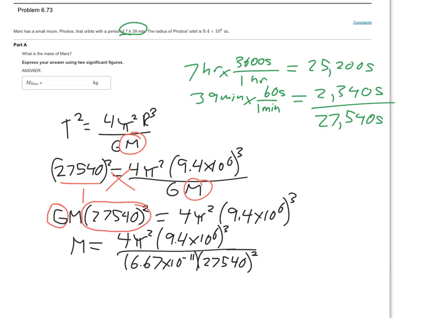So I go ahead and work this out, being careful, of course, to use parentheses on the bottom here so I don't screw this up when I enter it in my calculator. And I get that the mass of Mars is going to be 6.48 times 10 to the 23rd. Rounded to 2 sig figs here, that just gives me an answer of 6.5 times 10 to the 23rd kilograms.